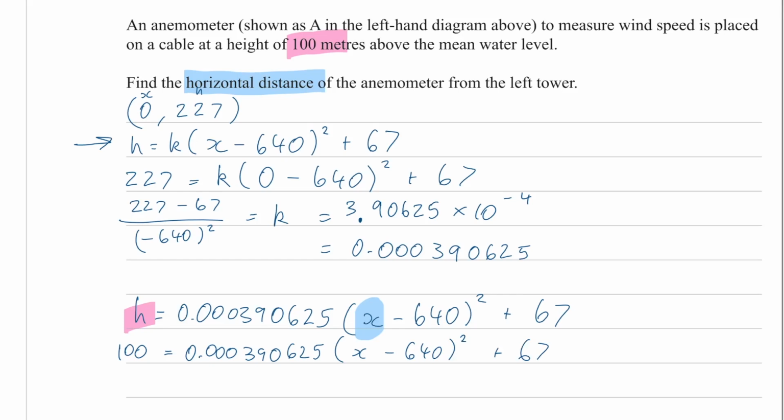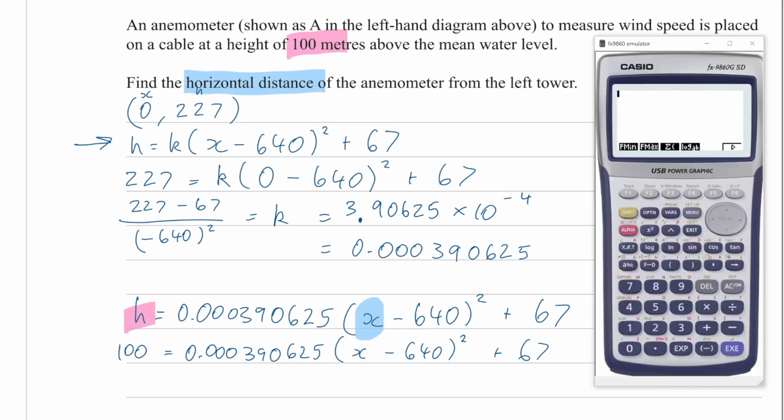So there are a few ways to do this one. I'll show you graphically first because that's the fastest. So Menu 5 for graph. Let's delete all those other bits.